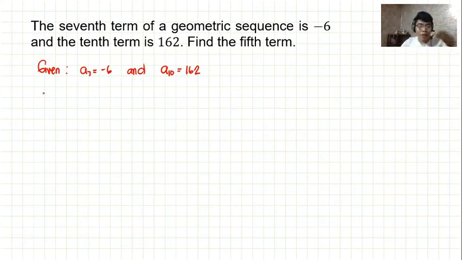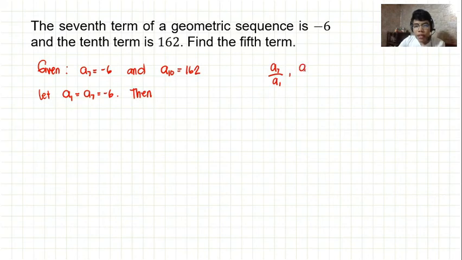The same with problem number 2, I will let a sub 1 be a sub 7, which is -6. Then it will follow: a sub 7 is a sub 1, then a sub 8, a sub 9, and a sub 10 is a sub 4.